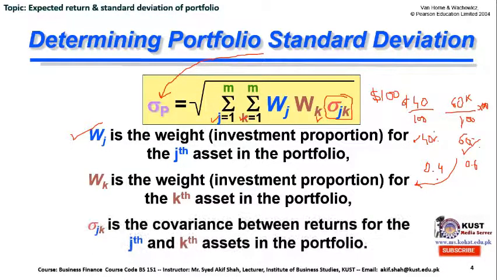And sigma JK refers to the covariance between the returns for J and K assets in the portfolio. Here the major factor is this covariance. In order to minimize the overall risk of your portfolio, the portfolio manager or financial analyst is supposed to select those companies' shares where the covariance between them is negative.